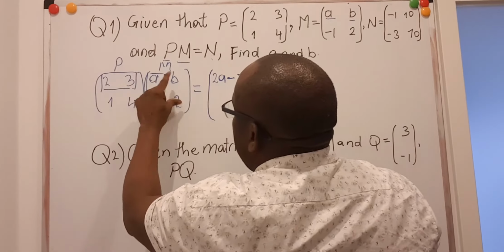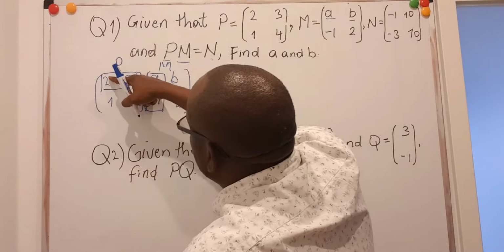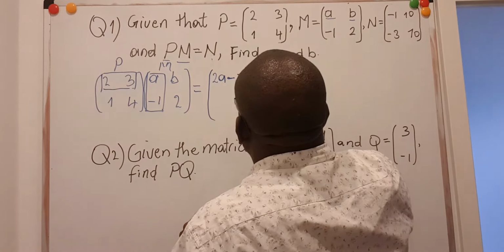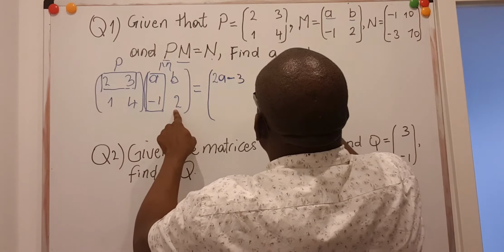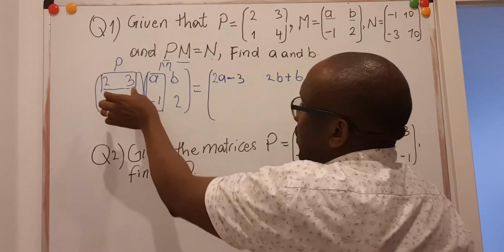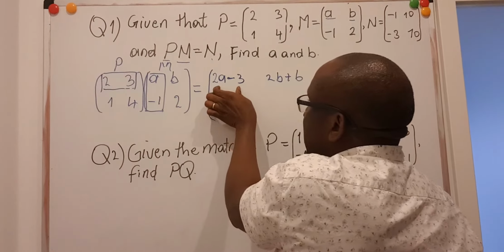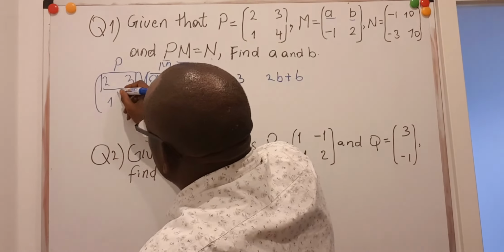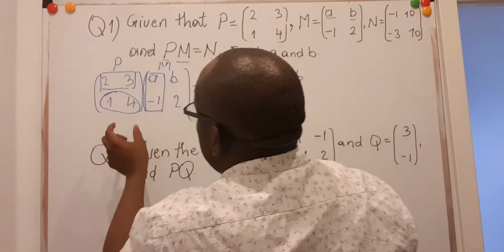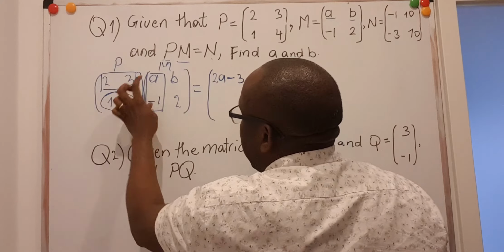Then I take this and multiply with this. So 2 times B is 2B, and 3 times 2 is plus 6. So this multiplied by this gives me the first, this multiplied by that gives me this one. Then I go to the next one. I do the same thing, I take this with that.